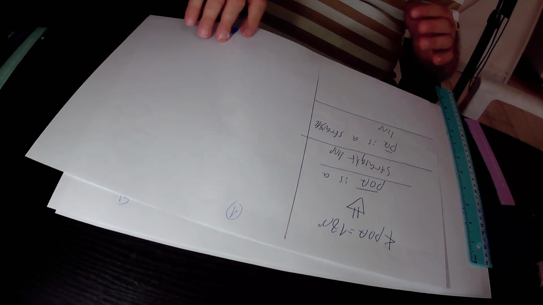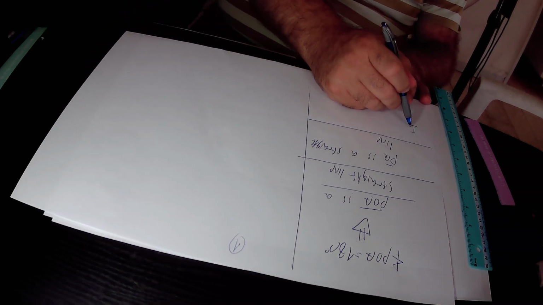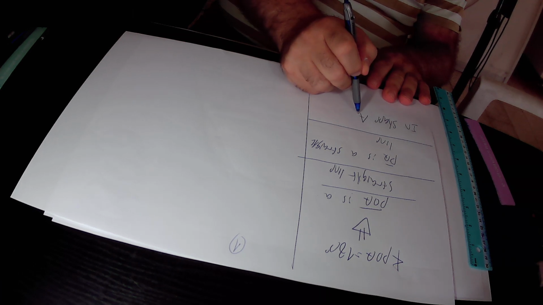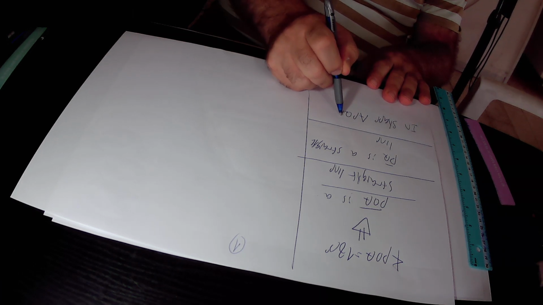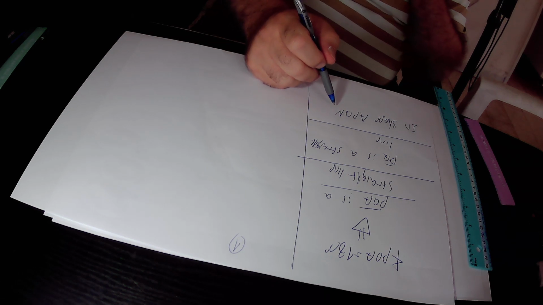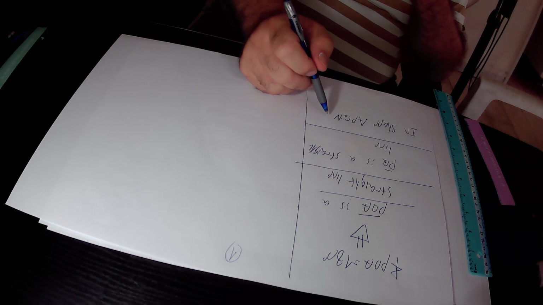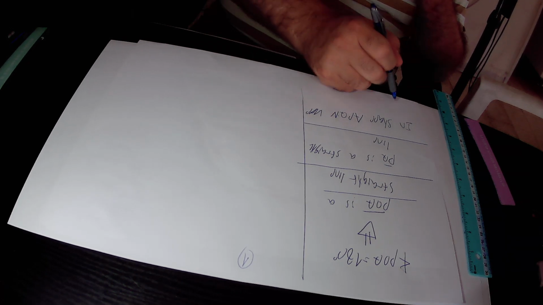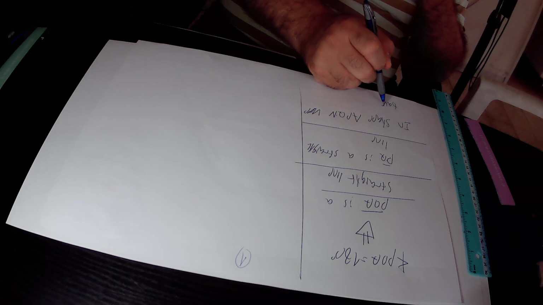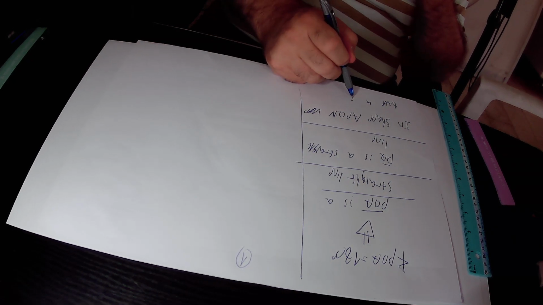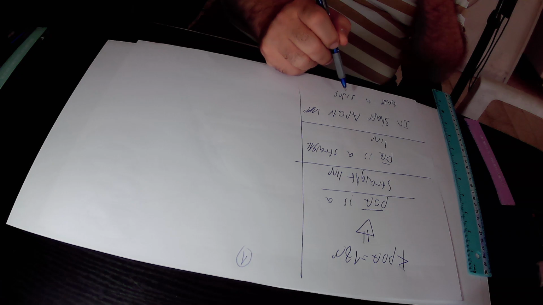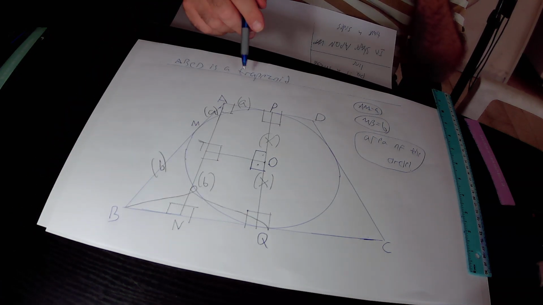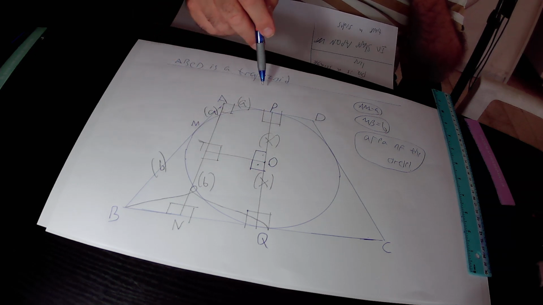So in shape APQN, we have four sides. Therefore, shape APQN is a quadrilateral.